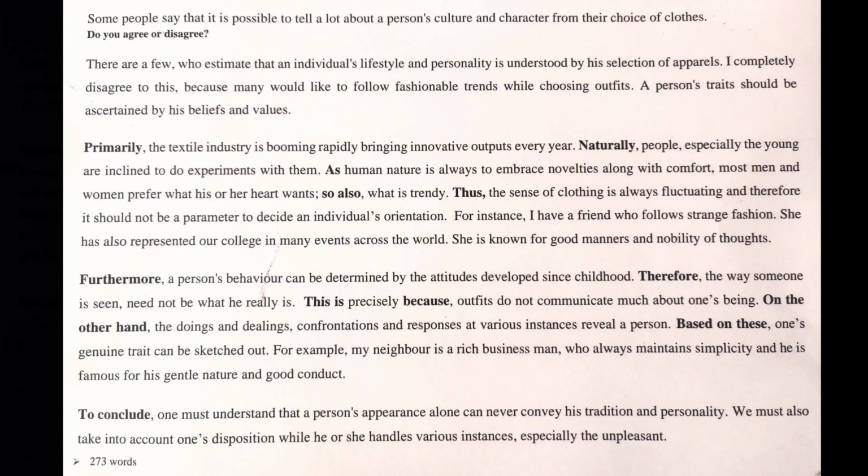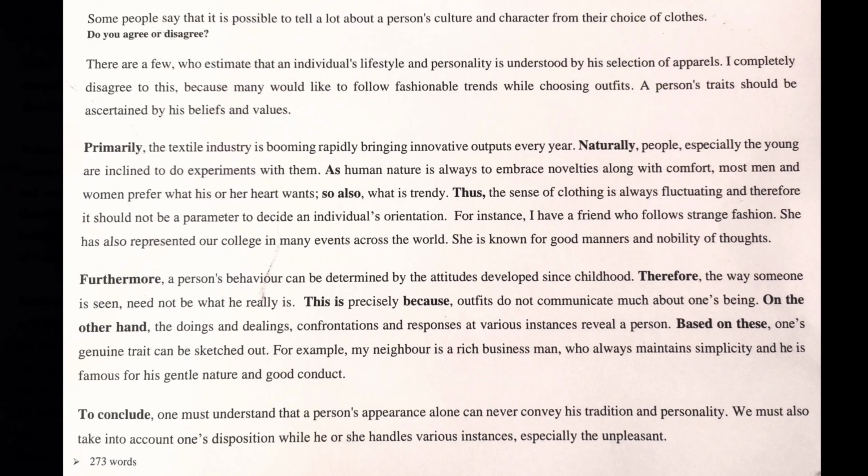You write something sensible and meaningful, which also will be convenient for you to explain. Okay, and this is what I wrote. I began with a linking word, furthermore. Furthermore, a person's behavior can be determined by the attitudes developed since childhood. This is my simple answer to that question.